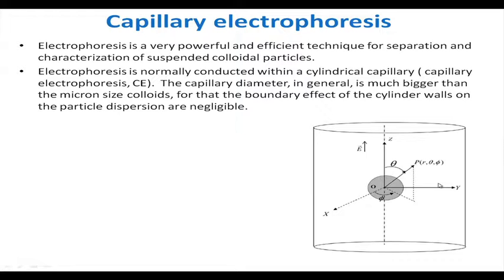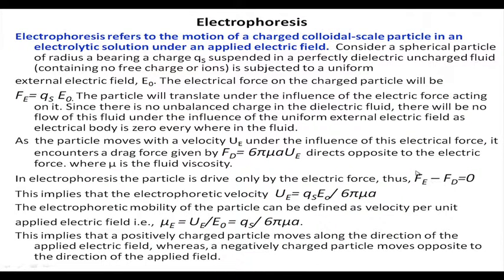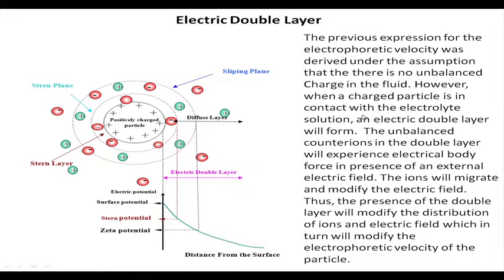Now, before doing the mathematical model, note that the previous expression we derived for the electrophoretic velocity was derived under the assumption that there is no unbalanced charge in the fluid. However, when a charged particle is in contact with the electrolyte solution, an electric double layer will form. The unbalanced counter ions in the double layer will experience an electric body force in the presence of an external electric field.